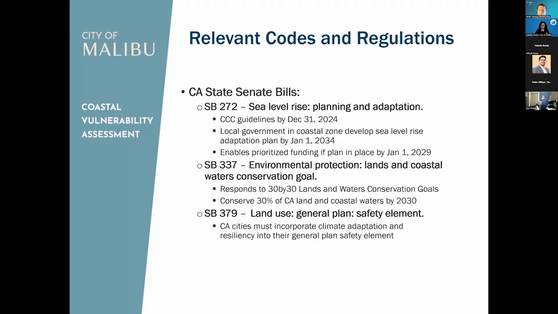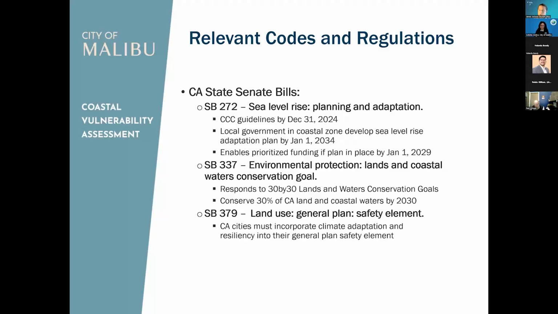There are several states' Senate bills that address the issues of sea level rise and climate change. SB 272 covers sea level rise planning and adaptation. It mandates that the California Coastal Commission establish guidelines for the preparation of a sea level rise plan on or before December 31st, 2024. So by the end of this year, the California Coastal Commission needs to develop and establish guidelines.